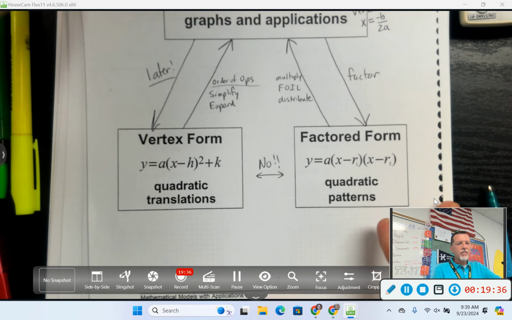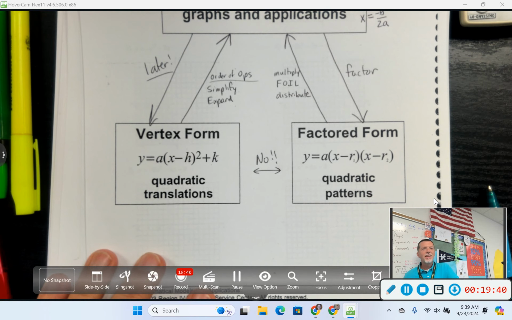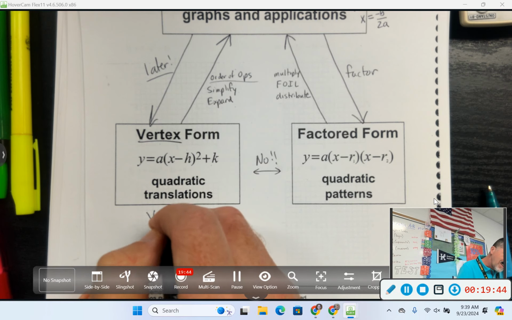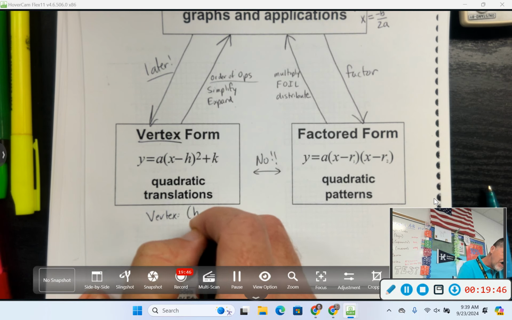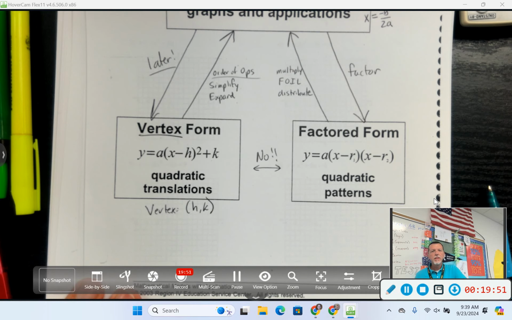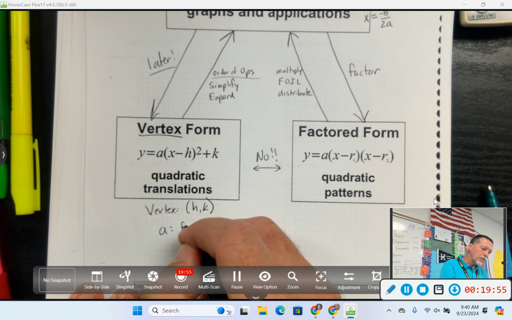All right, vertex form. What can you learn in vertex form? The vertex. That's why it's called vertex form. The vertex would be HK. It also has the A on there, so all the normal A things about whether it's flipped or stretched.